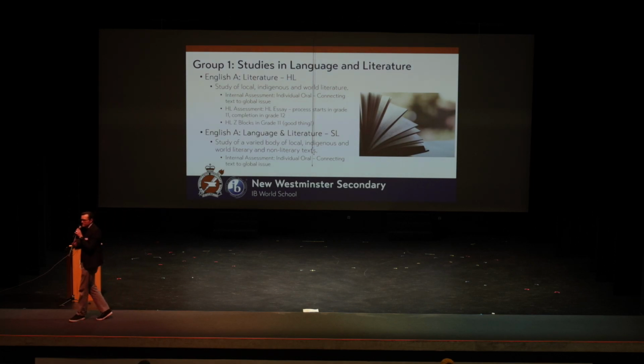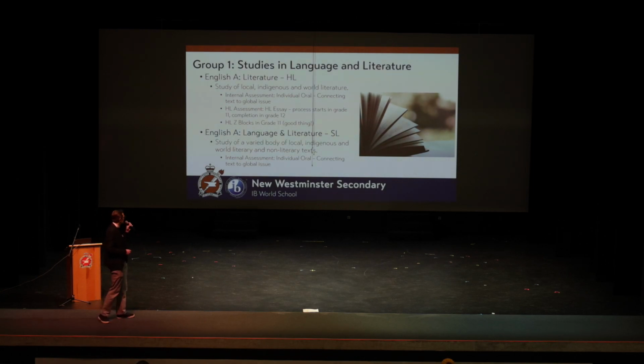So it's a lot of reading books, short stories, and poetry. And again, the Z blocks for this one are in grade 11, which is a good thing because you complete that HL component entirely in grade 11, so it's recommended for that reason. But it's a course that, again, really requires some like love of reading and writing on your part.